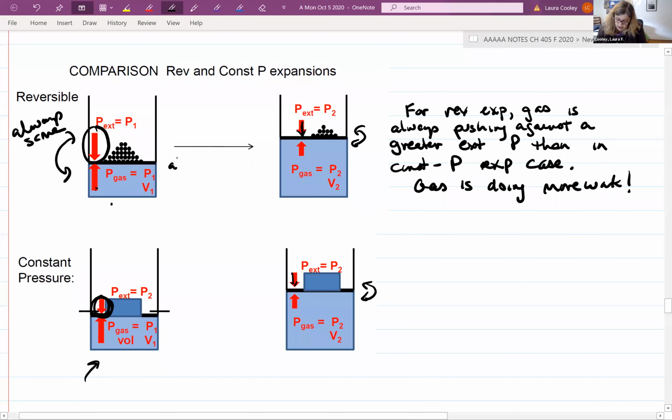So here, at all points, P external equals P gas. And that gas can't push any harder than its own pressure. And that's what it's doing in this case. Gas cannot push any harder than this.